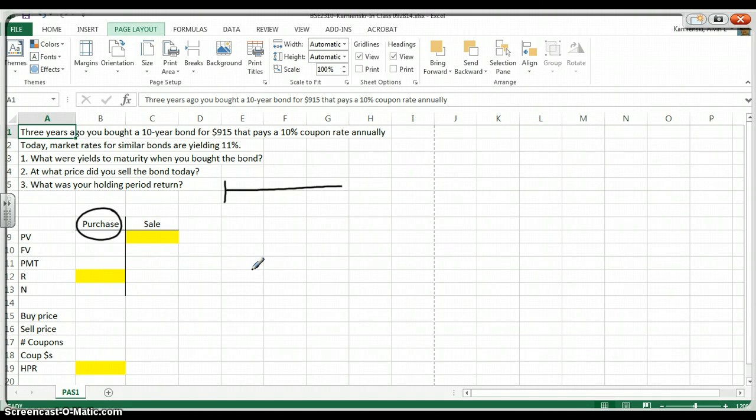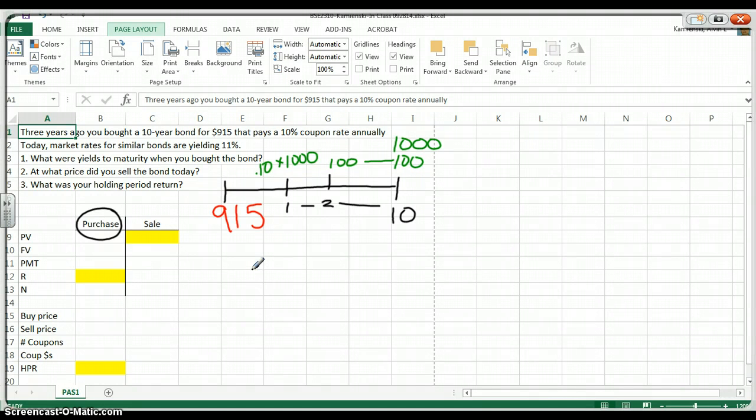So at purchase, the bond would have required a $915 original investment, and then over the course of 10 years, you would have received payments equal to 10% of the coupon rate of $1,000, which means you're getting $100 a year each and every year for 10 years. Also, you would get that principal or par value of $1,000 at the end.